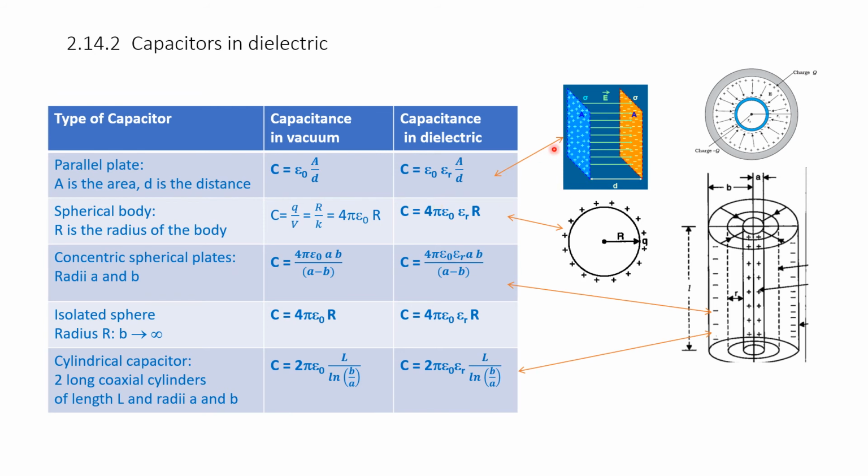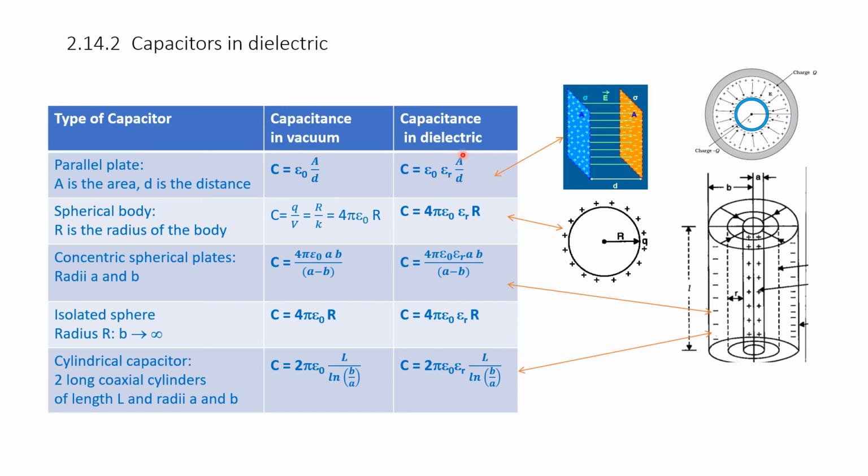So, in case of a parallel plate capacitor, when we add a dielectric, C becomes epsilon naught epsilon r into A by D. Epsilon r is the relative permittivity of the dielectric material. So, we add here a dielectric material with relative permittivity epsilon r.